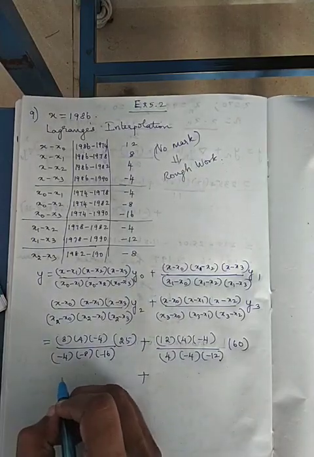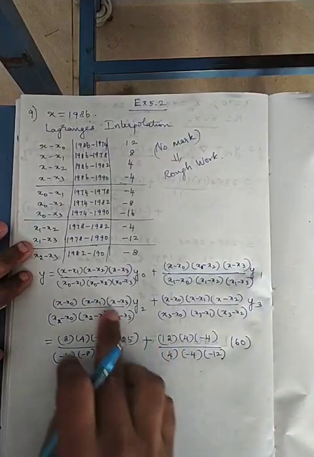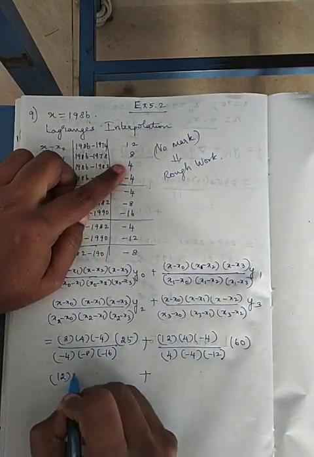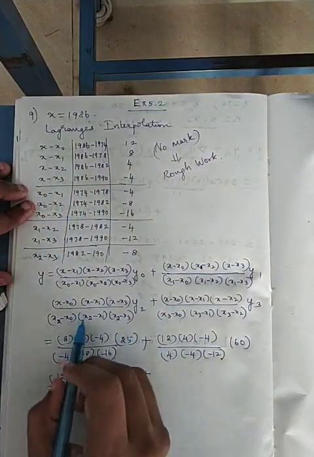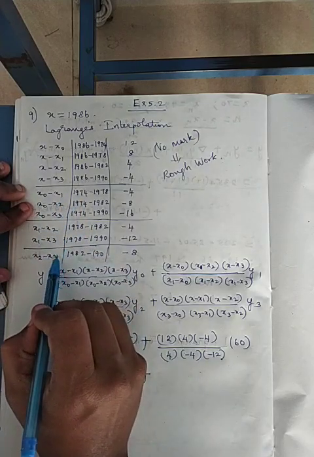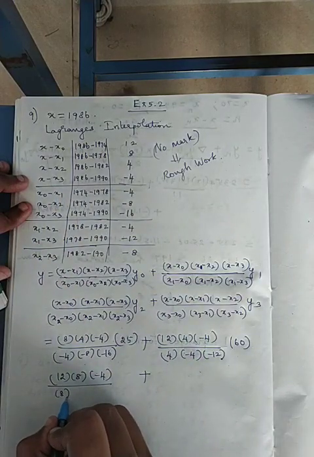Then I will be having the other terms, that is x minus x0. Again 12 into 8 into minus 4 divided by the 3 terms. x2 minus x0. I know x0 minus x2, so if I reverse it I will be getting 8.